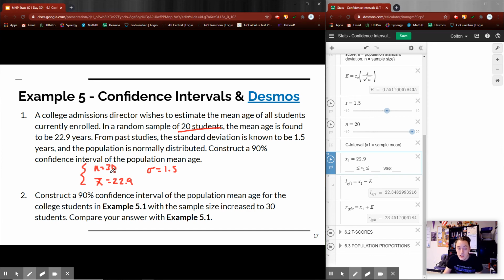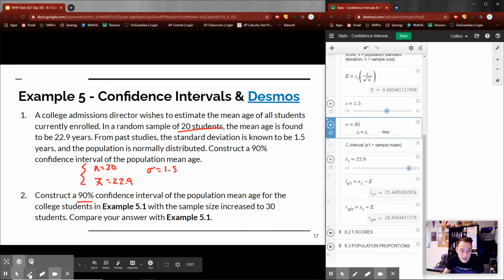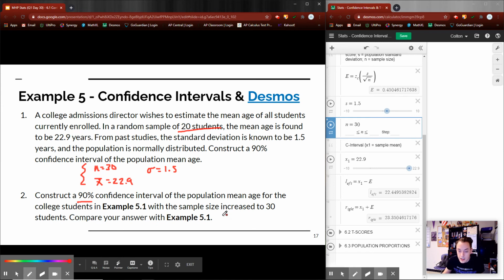My confidence level hasn't changed at all either. The only thing I'm switching is my sample size to 30. So now, what is my confidence interval?